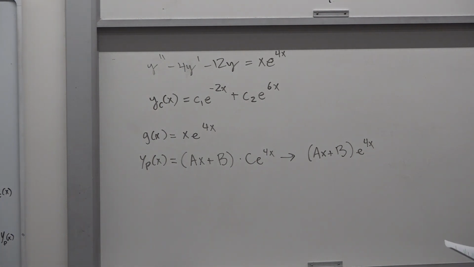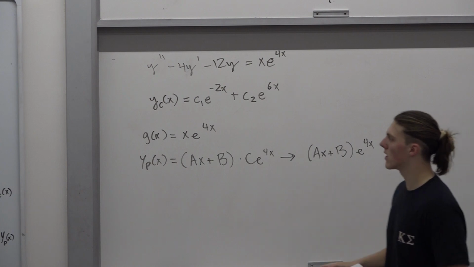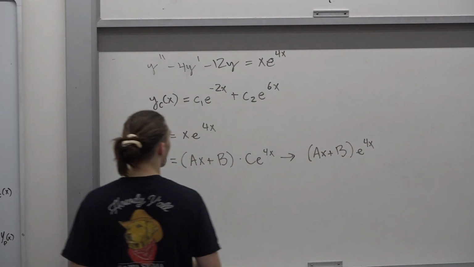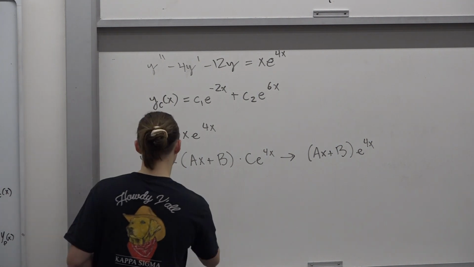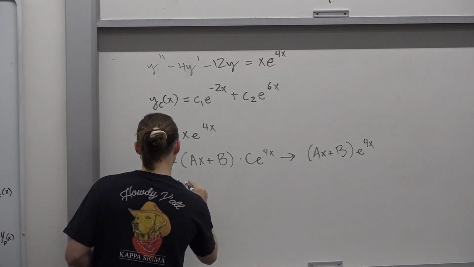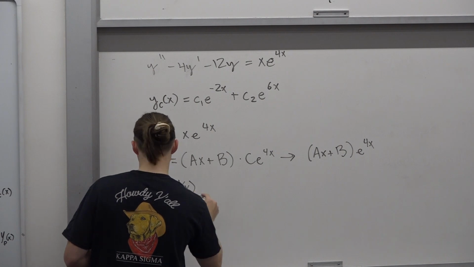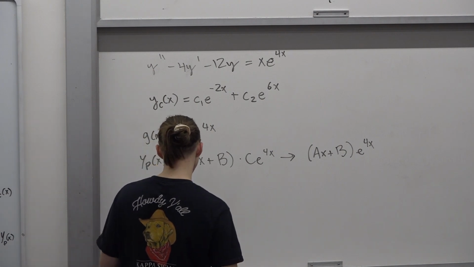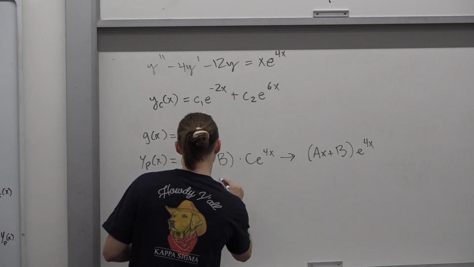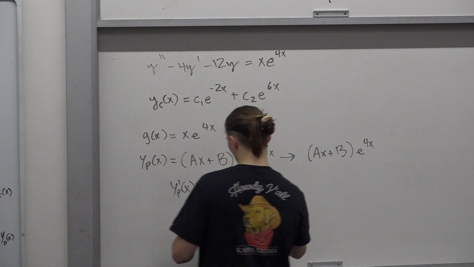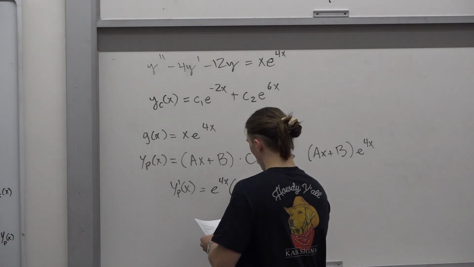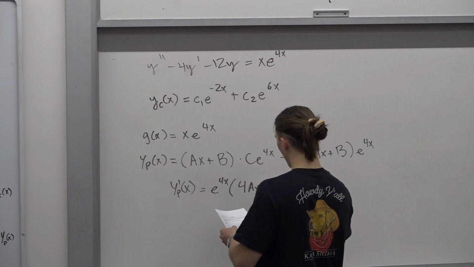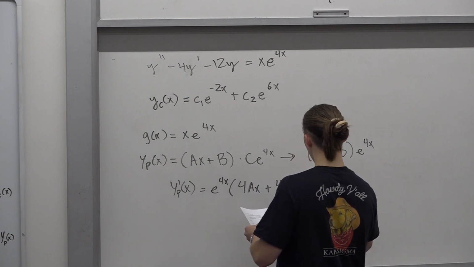And now, just like last time, we have to take the derivatives of this in order to plug it back into our original equation. So the first derivative is e to the 4x times (4ax plus 4b plus a).